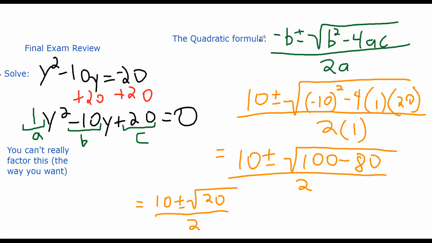Now, there's a couple things you can do. This is technically a correct answer here, although I'd want to go and do the plus and then the minus path. But what we want to do is simplify as much as we can. And it turns out there's a whole heck of a lot more we can do with this one. You'll notice that this 20 inside the square root, if you remember simplifying square roots, is really 4 times 5.